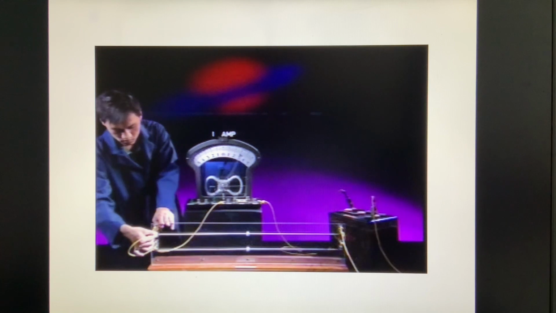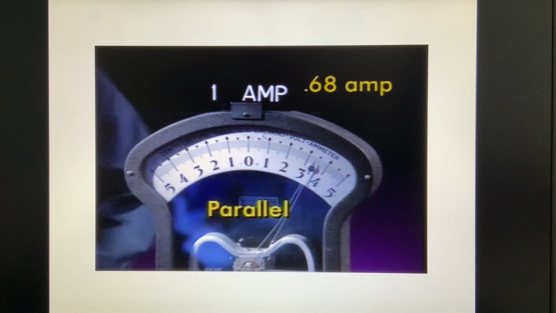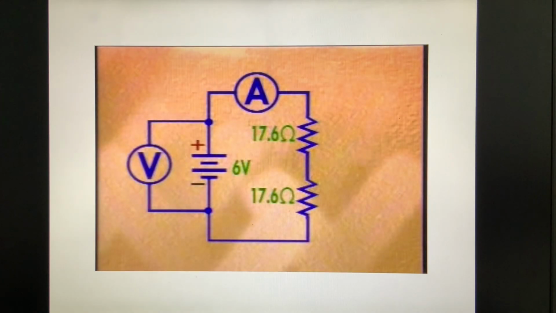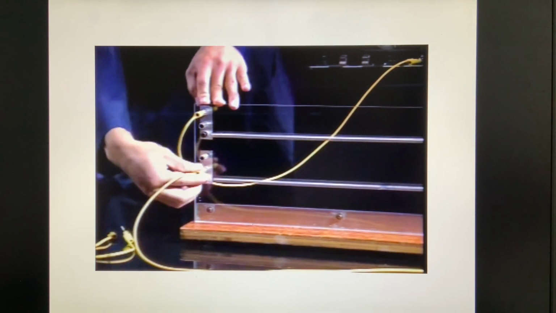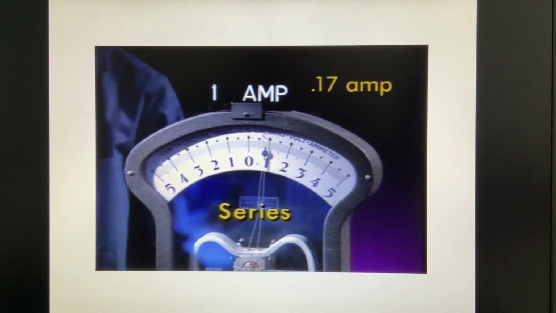Twice as much current flows as with a single wire. If we hook the wires in series, how much current will flow? Now only half as much current flows as through a single wire.